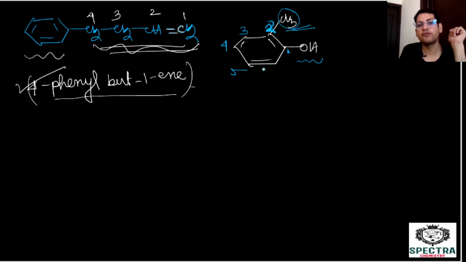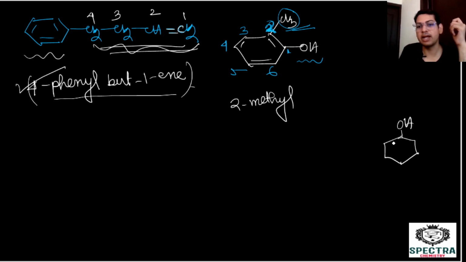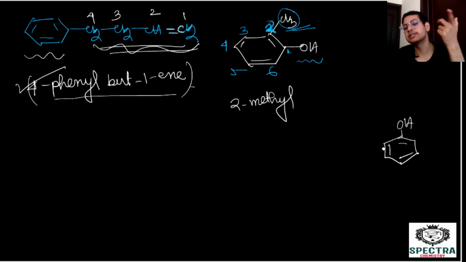3, 4, 5, 6. And if this is the case, 1, 2, 3, 4, 5, 6. So I'll write the position of the substituent. Then what is the substituent name? Methyl. And benzene ring with OH is called phenol, right? Yes. Benzene ring with OH is called phenol.